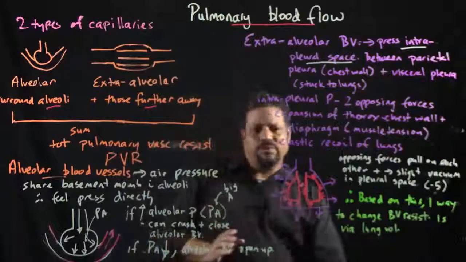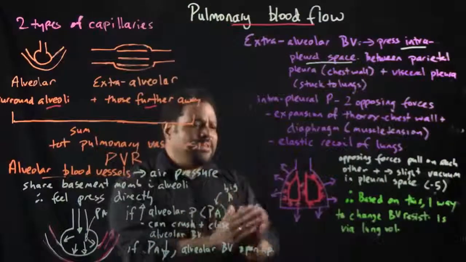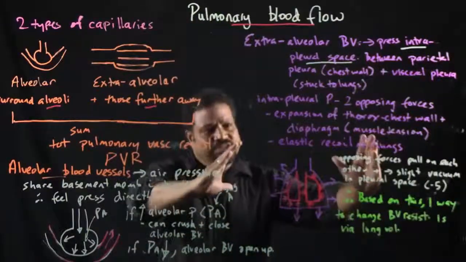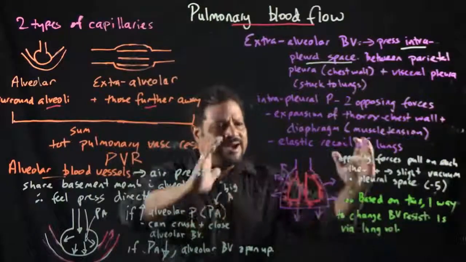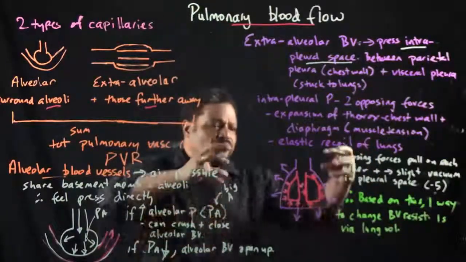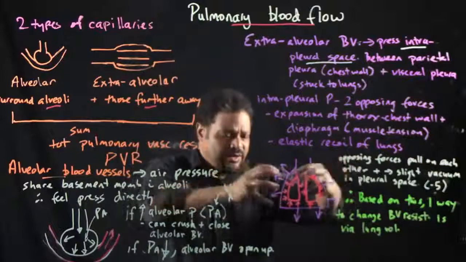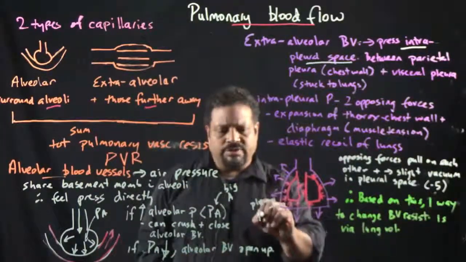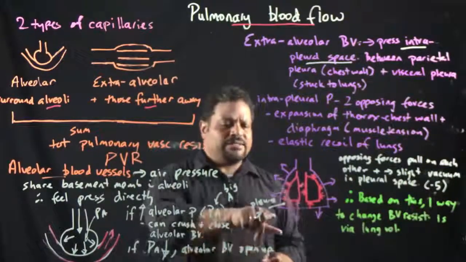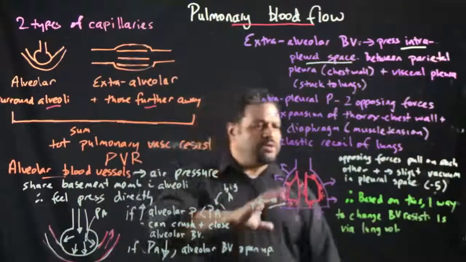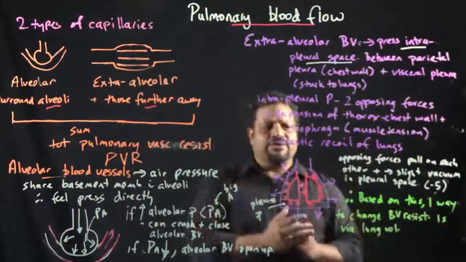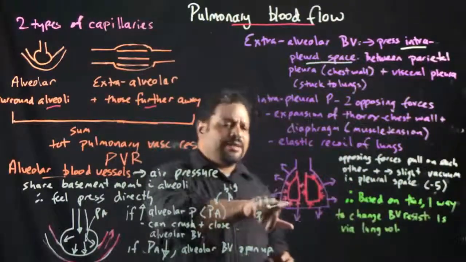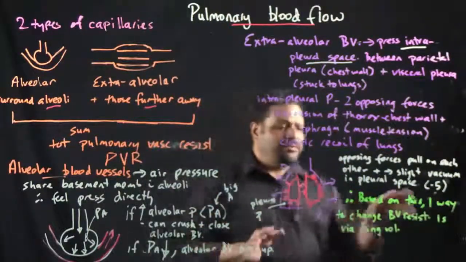In this bottom diagram we have an expansion of the thorax, chest wall and diaphragm, creating an outward pressure, and then a recoil of the lungs, creating an inward pressure, and that creates the pleural pressure. The opposing forces pull on each other and create a slight vacuum in that pleural space, around -5.